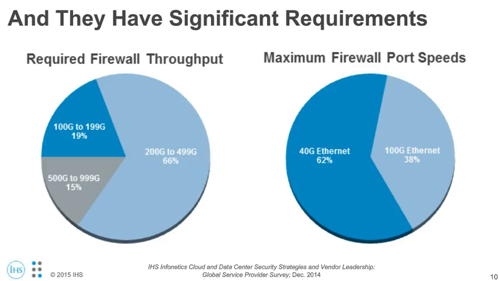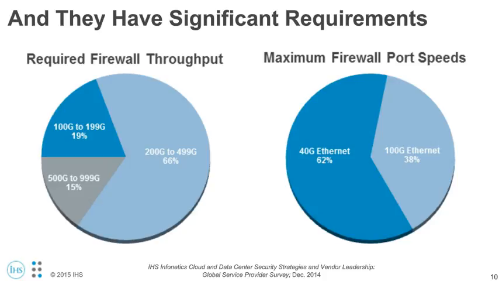And when we asked about ports and throughput, again, it's the same story, but magnified. Today, 2/3 of the cloud providers that we interviewed said they require firewalls in the 200 gig to 500 gig range, and already 40% have deployed 100 gig ports. So the need for these massive speeds and ports is here right now.